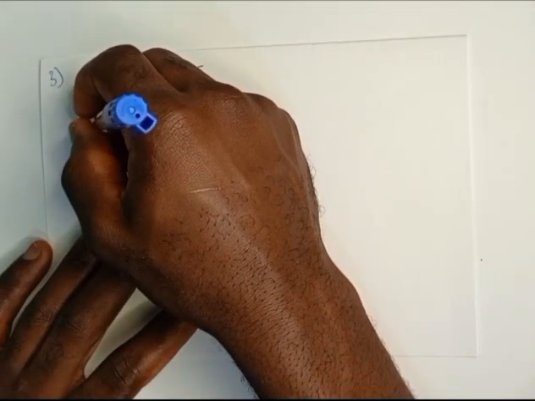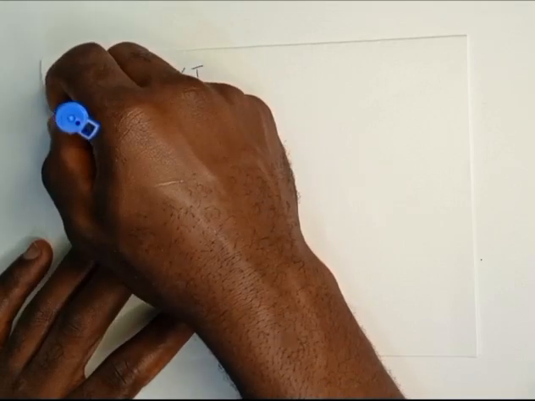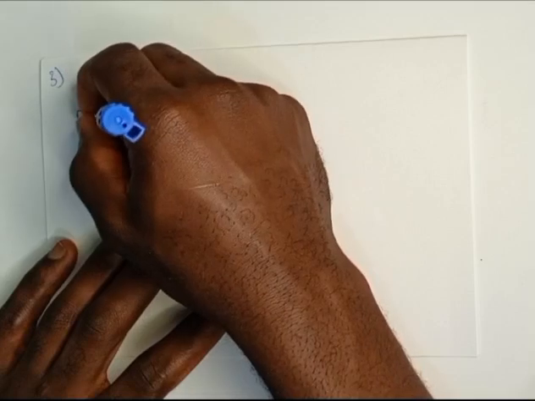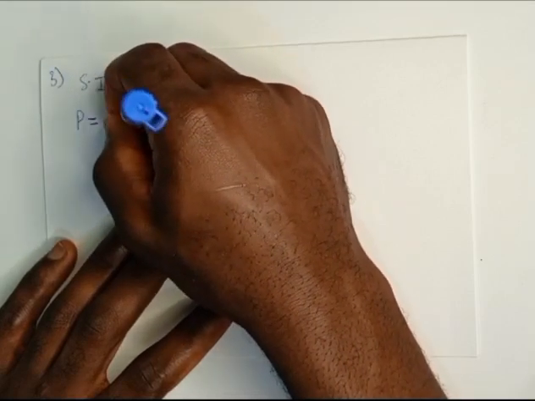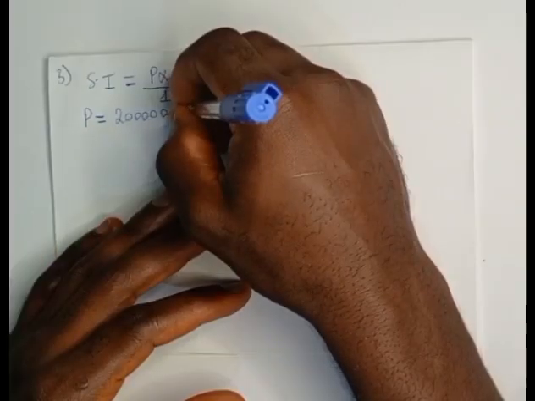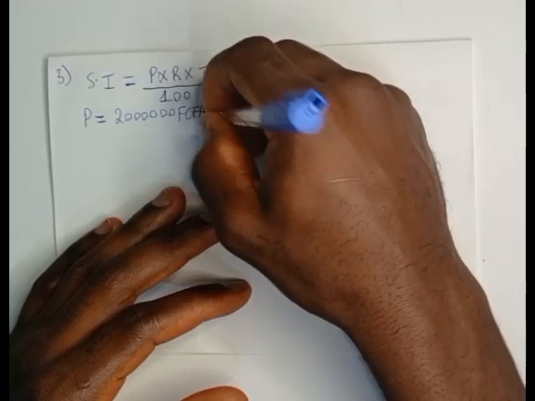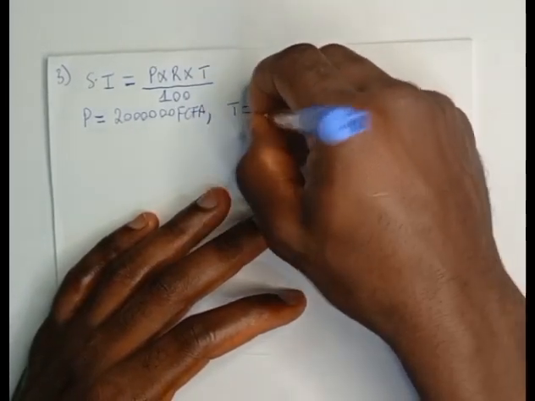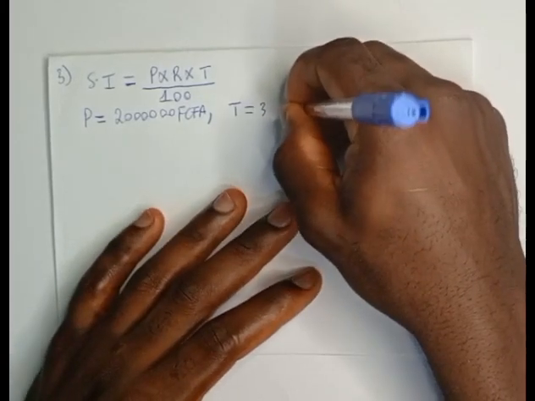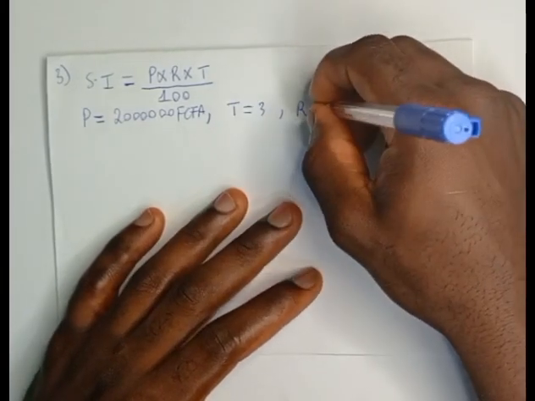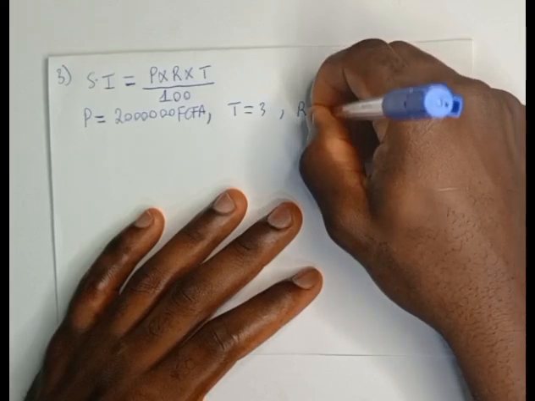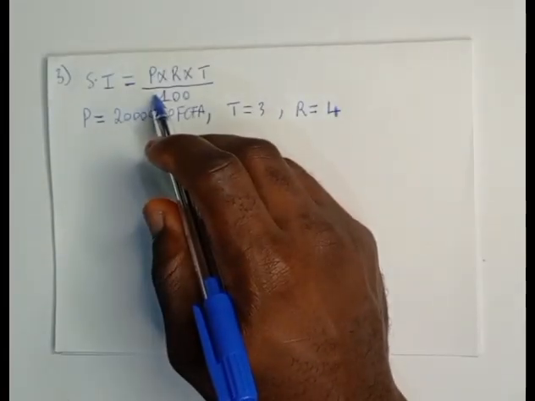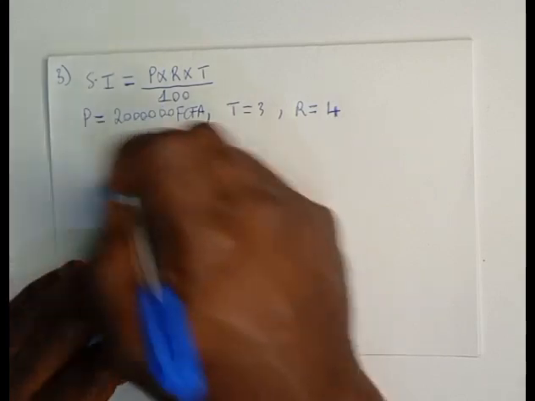From the question, we have been told that the principal, which is the amount being invested, is 2 million francs CFA, the time is equal to 3 years, the rate is equal to 4, the value of the rate.